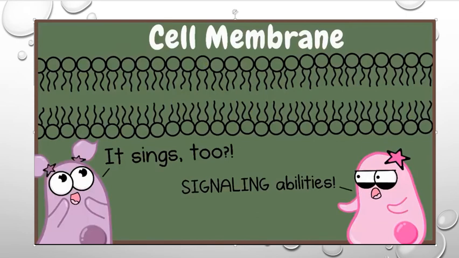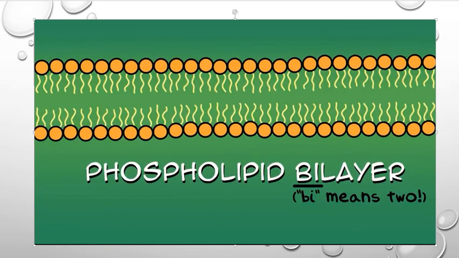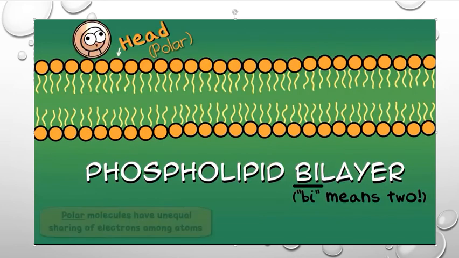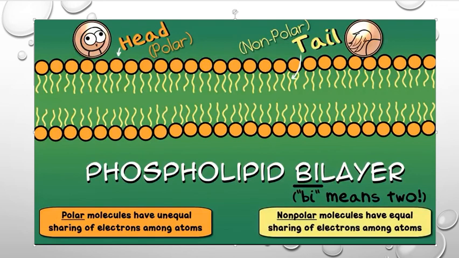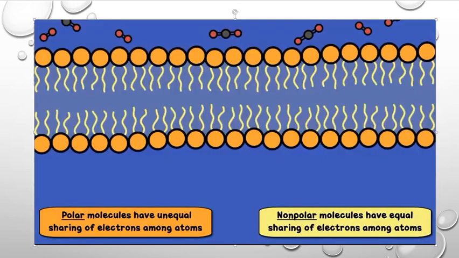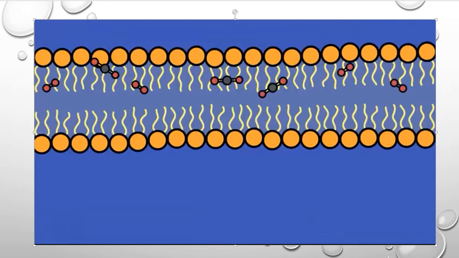But to stick to the very basics, it's made of a phospholipid bilayer. Bilayer means two layers, so you have these two layers of lipids. Now, these lipids, they're called phospholipids, well, they have a head that is polar, and they have a tail that is nonpolar, making them quite unique. Some molecules, they have no problem going through the cell membrane, and they directly go through the phospholipid bilayer.